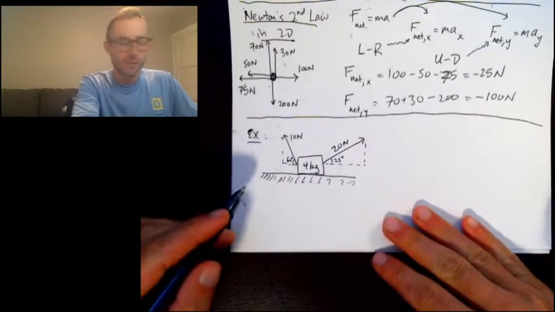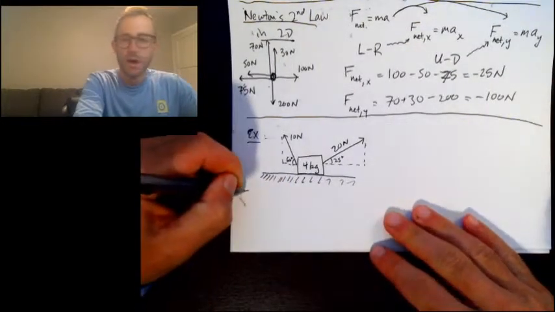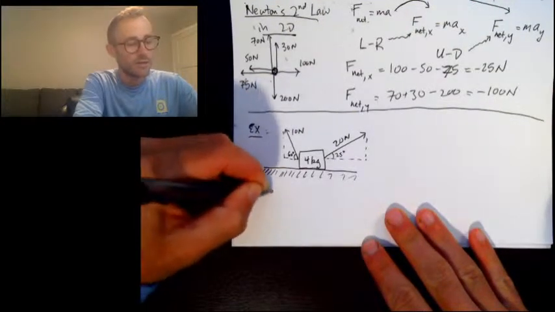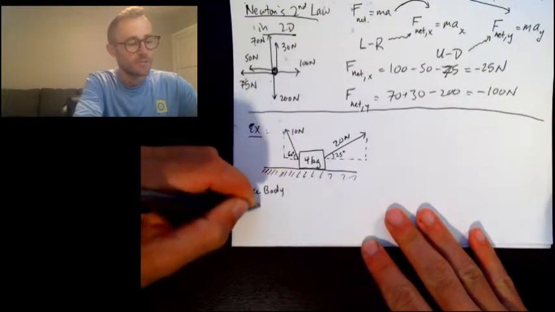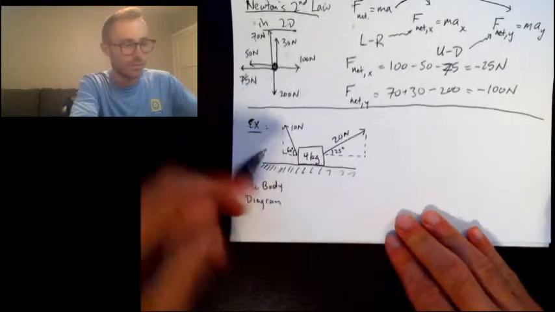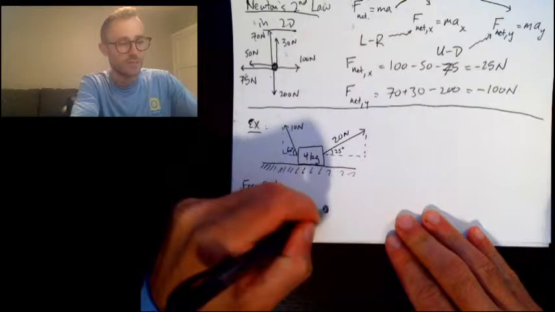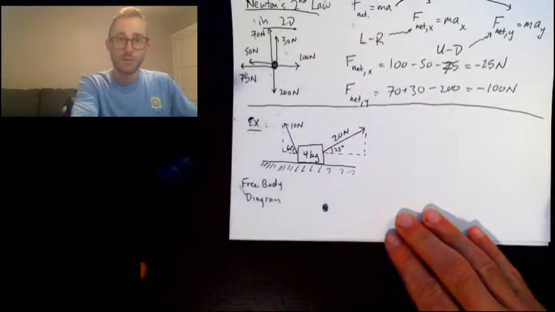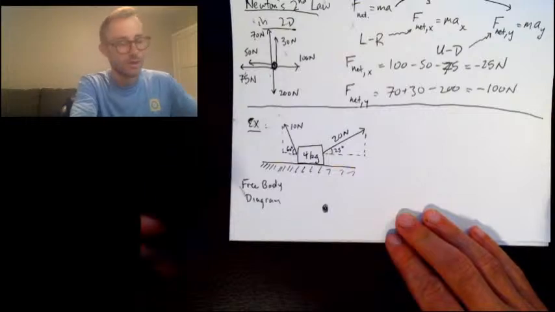So what I'm going to do first is draw what is called a free body diagram. A free body diagram is simply we represent the object as a dot, and we draw arrows coming out of the dot that represents each force, okay?